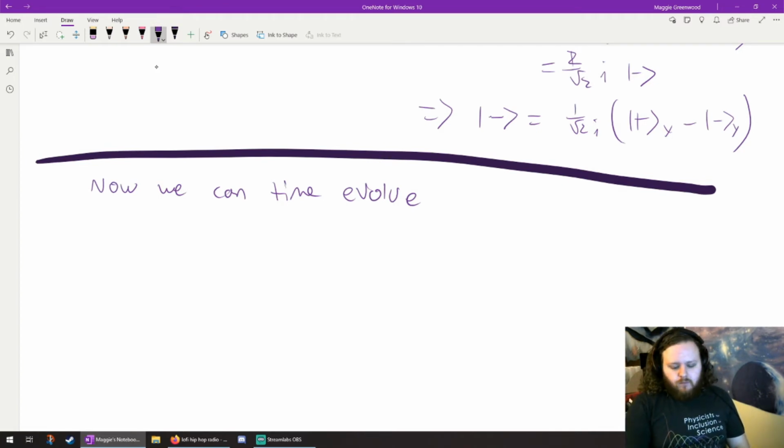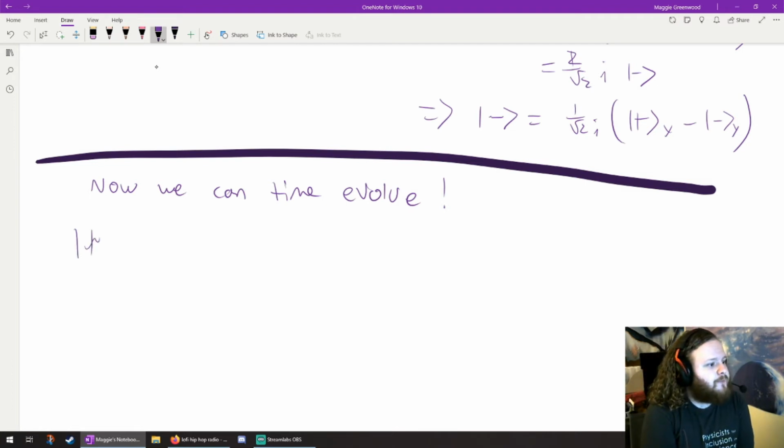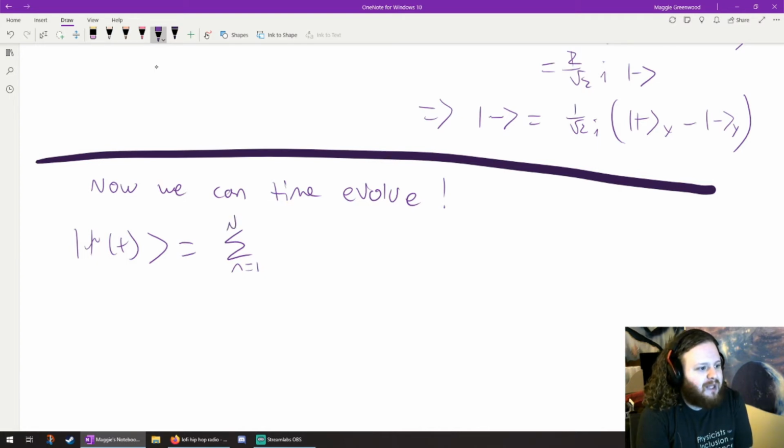So, continuing with this procedure for a couple minutes. We can time evolve our state now because we have it written down in the correct basis. So psi as a function of t, and I'm going to write this as a fancy statement real quick, is the sum from n equals 1 to 2 here, but like the number of states that you need, of C_n at t equals 0, e to the minus i E_n t over h bar, times |n>.